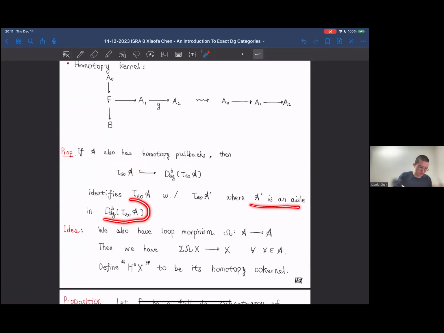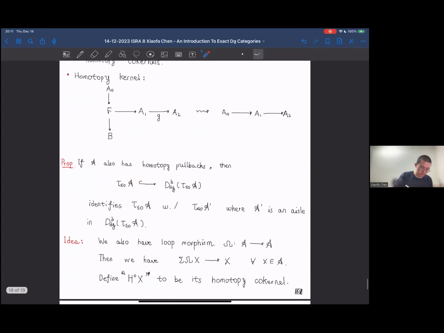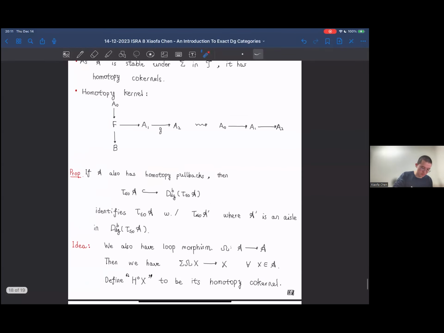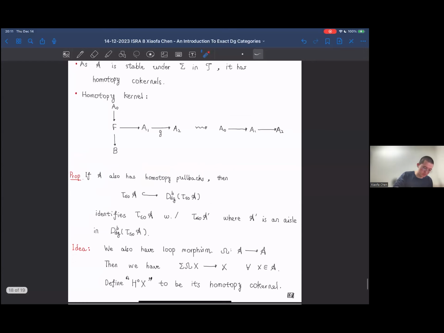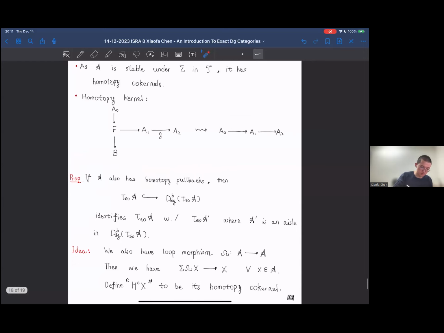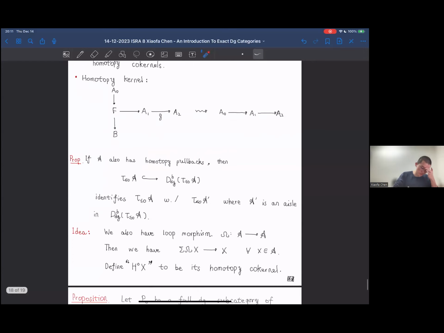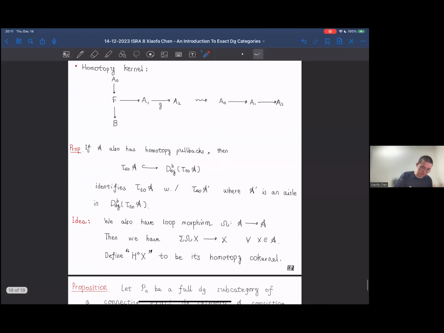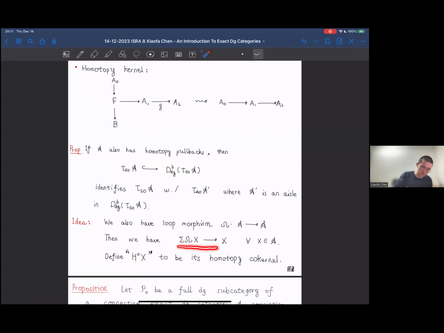The idea of the proof is that objects in the heart can be determined by the homotopy kernels of the adjunction morphisms.